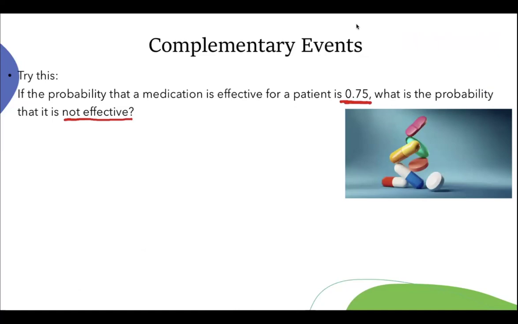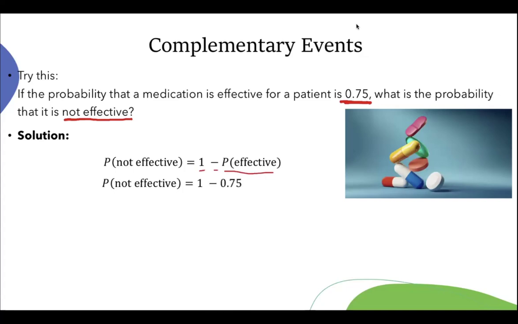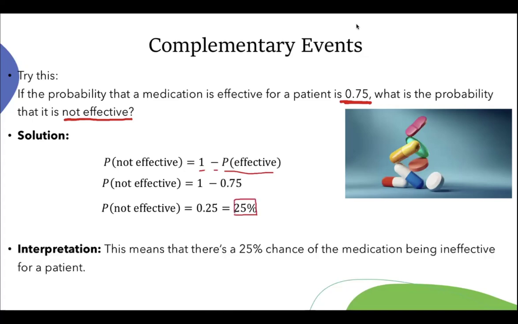So if we know that it being effective is 75%, the probability of it not being effective is 100 minus 75%, or 1 minus 0.75. We get 0.25, which is 25%. There's a 25% chance of the medication being ineffective for a patient.